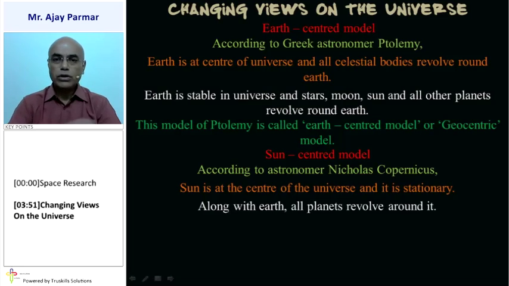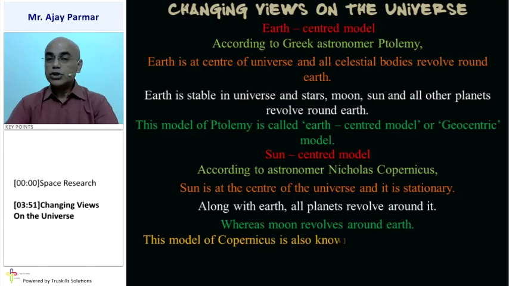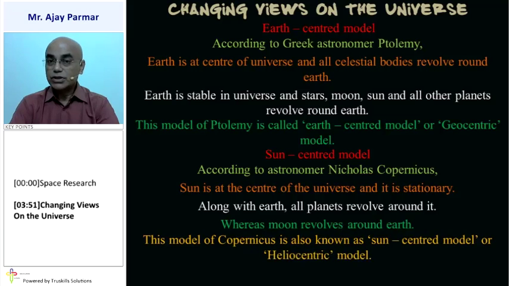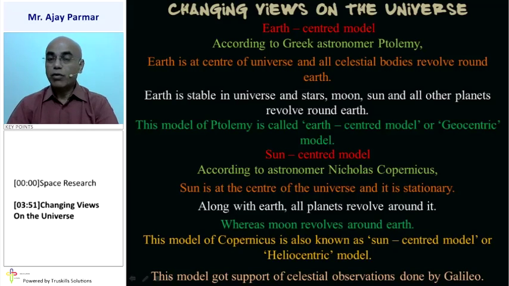Along with Earth, all the planets revolve around the Sun. We know that it is true, whereas the Moon revolves around the Earth. This model of Copernicus is the Sun-centered, also known as the heliocentric model of the universe. This model was supported by observations that were done later by the scientist Galileo.